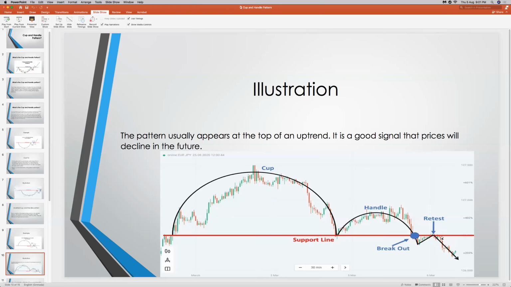And you decide, I have more confidence in the cup and handle pattern as opposed to another pattern, so I'm going to take the trade on the cup and handle pattern. This is where we're going to be going, right? So eventually when you master that on your own, the manual way, we get into the digital way where we have the software identifying it directly on our platform. We're good to go.